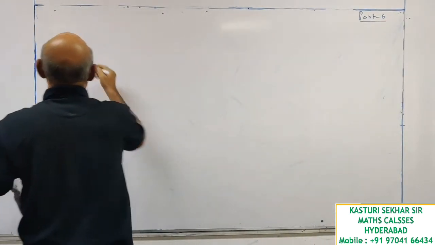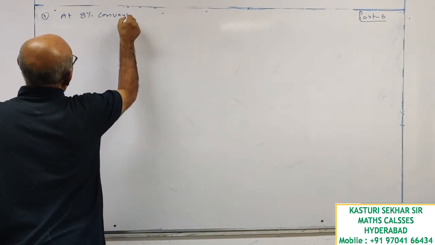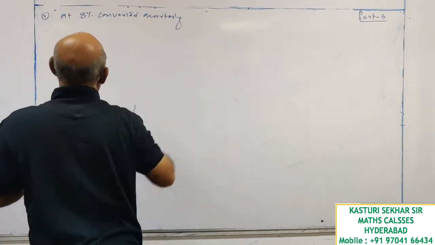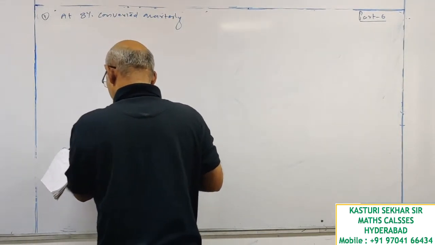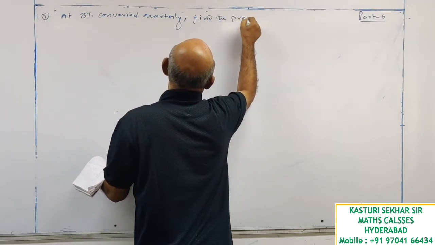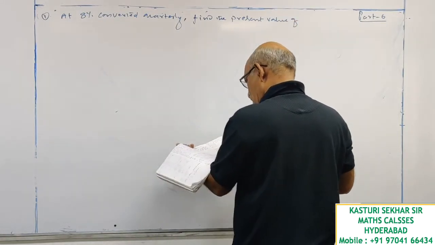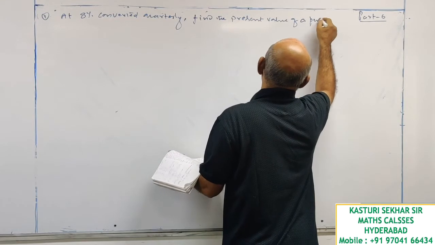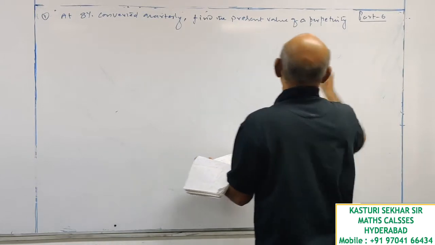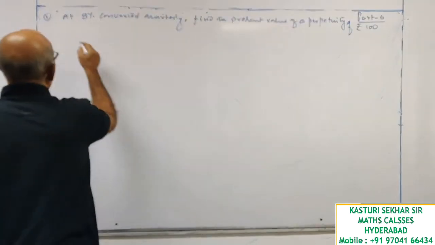At 8% converted quarterly, find the present value of a perpetuity of rupees 100 payable quarterly.